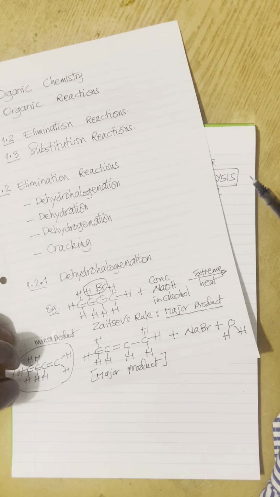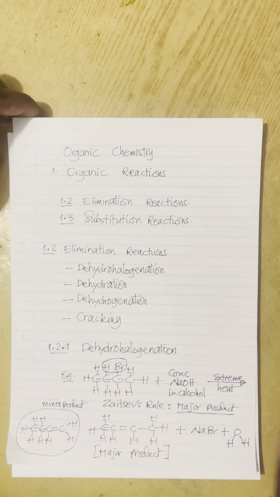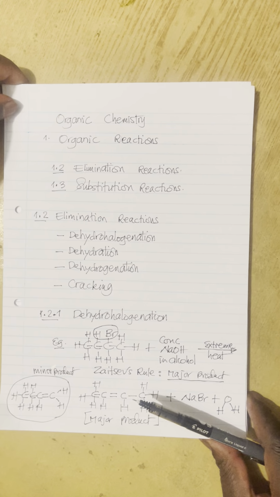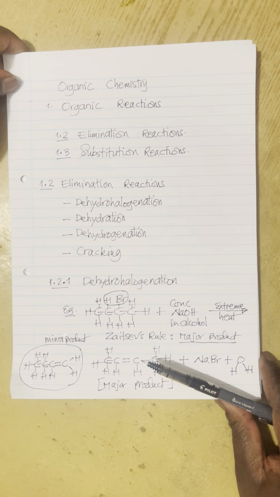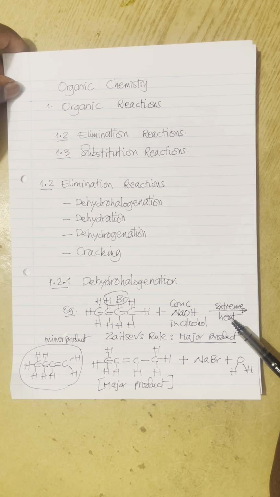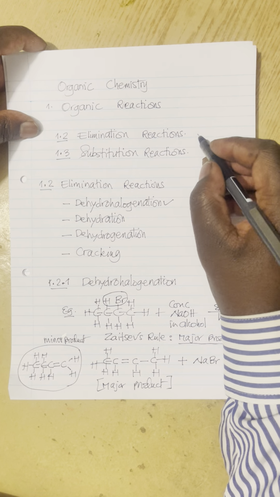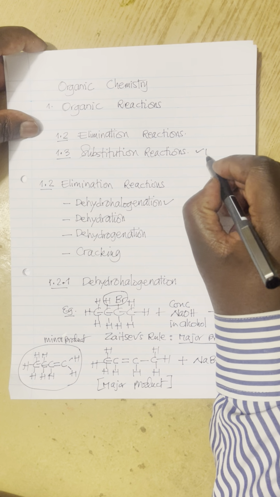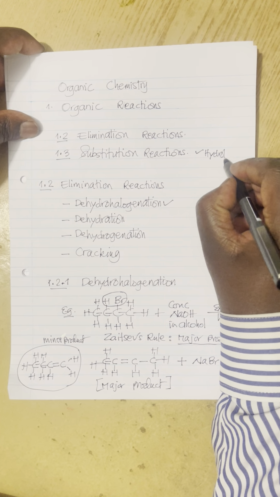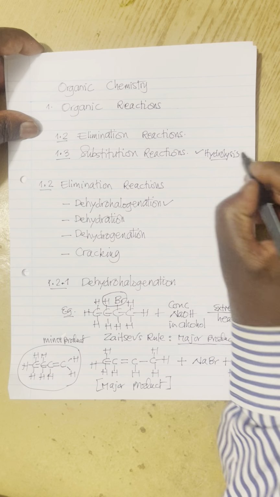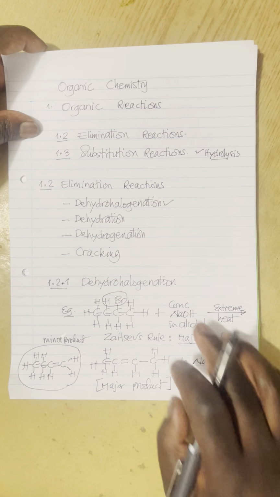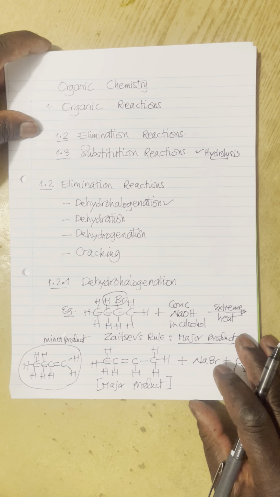The reaction conditions for elimination, dehydrohalogenation, would be concentrated strong base and extreme heat or high temperature, right? So that is sorted, and a special substitution reaction called hydrolysis is covered. We have one more from substitution reactions, a general substitution reaction, which I'm going to describe.